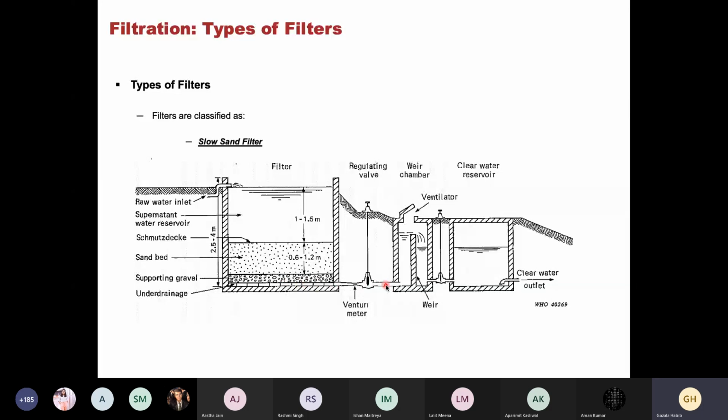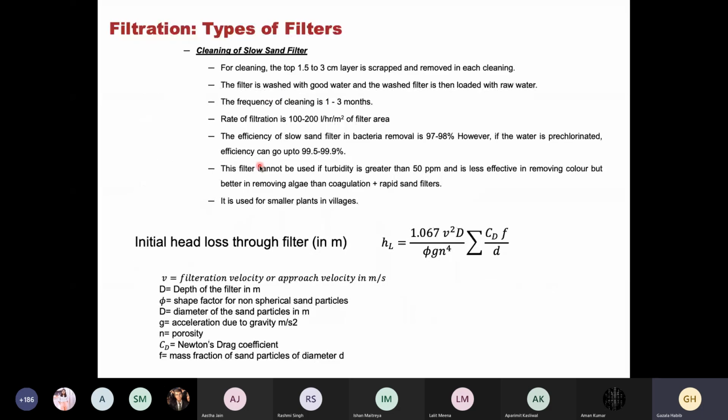Now the cleaning of the slow sand filter. For cleaning the sand filter, generally what is done, we remove the top 1.5 to 3 centimeter layer of the sand, we wash it, and then again fill the same sand in the filter. So that is one way. The filter is washed with good water, so clean water is needed to wash the filter.